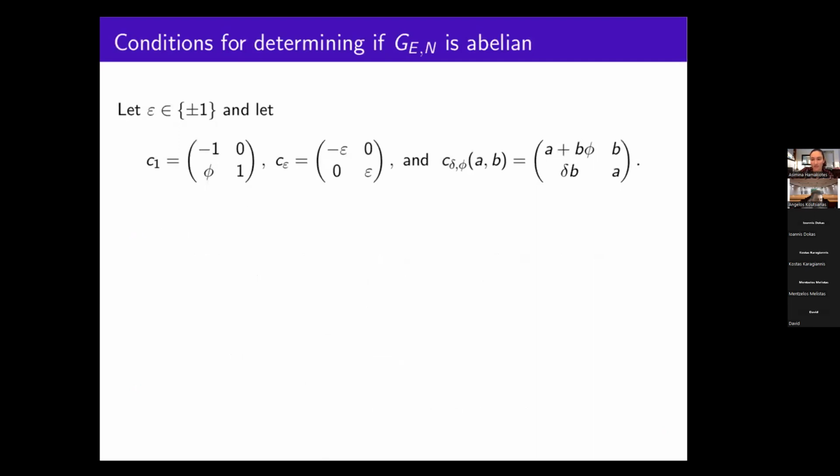So first, I'll just define some notation. So C1 is going to be this matrix, which you might recognize from the definition of the normalizer, the (-1, 0; φ, 1). And then if φ equals 0, we define C_epsilon, where epsilon is plus or minus 1, and this is just (-epsilon, 0; 0, epsilon). And then the last matrix is just some arbitrary Cartan matrix that has this form.